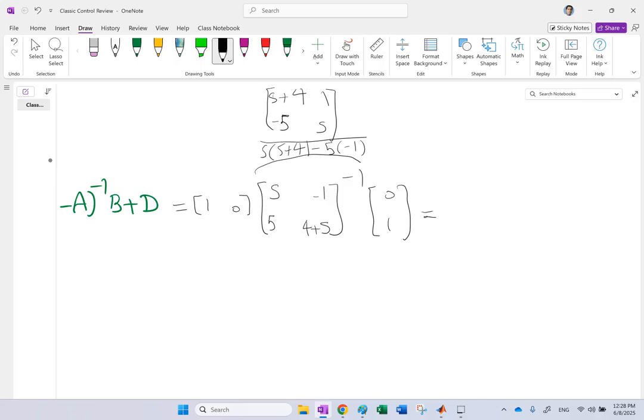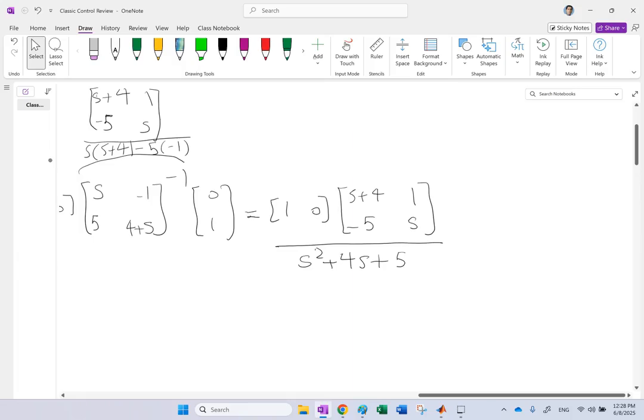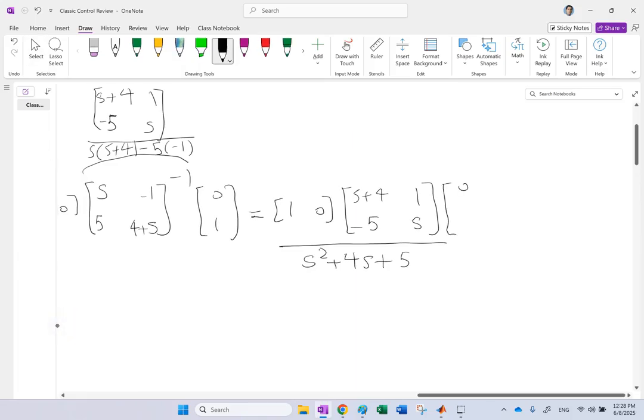So if you simplify, it is going to be 1 and 0 times [s plus 4, 1; negative 5, s], divided by s squared plus 4s plus 5, and the whole thing times [0; 1].